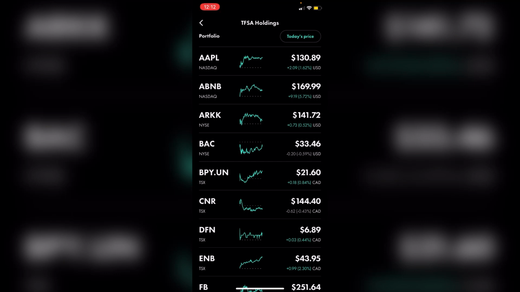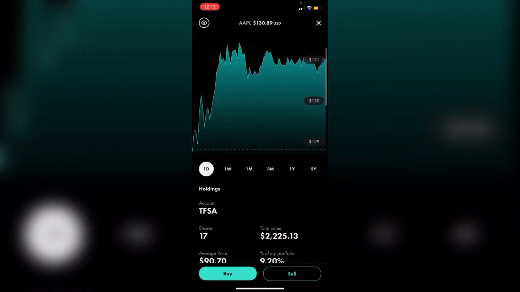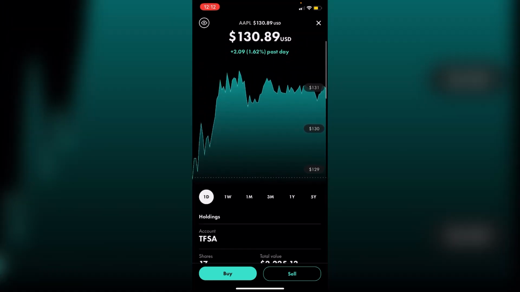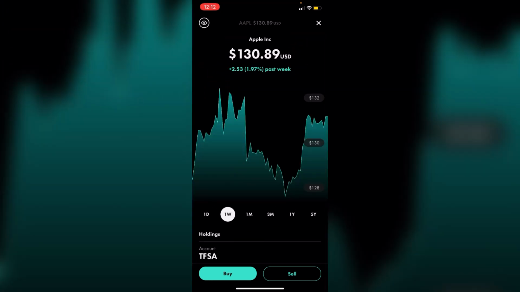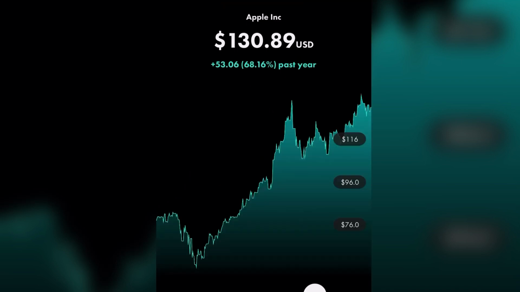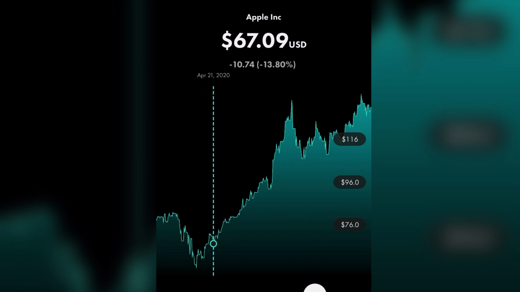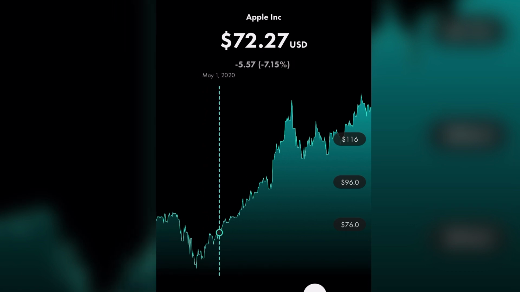So again, let's look at this Apple stock. It typically shows your profit for the day, week, month, 1 year for the stock. If you click on the graph itself, it should show you how much it was worth on each day. So let's look for May 16th.